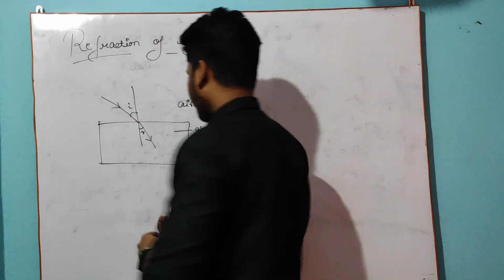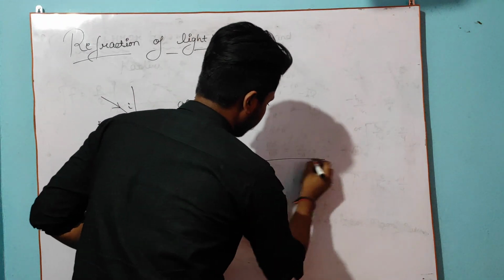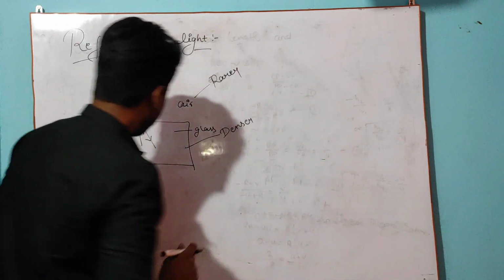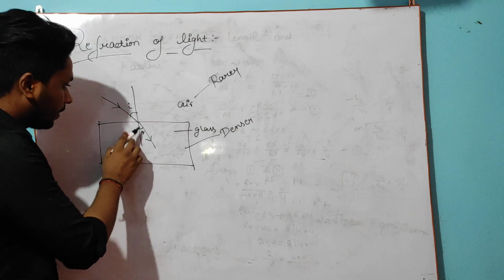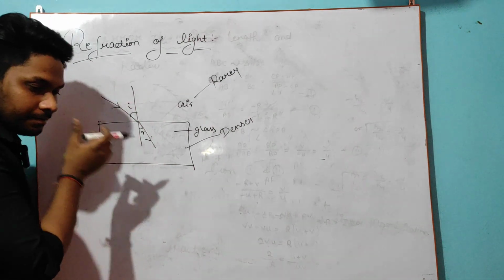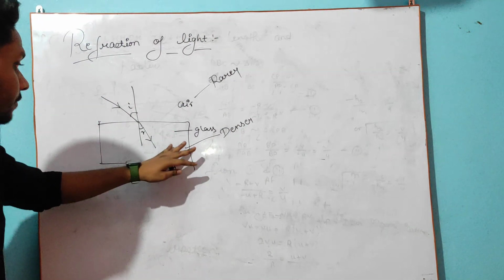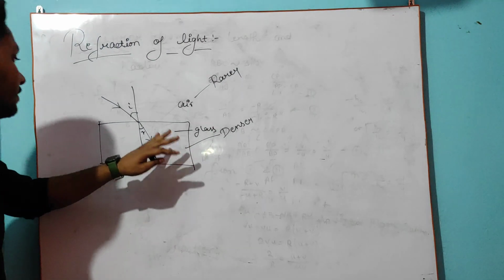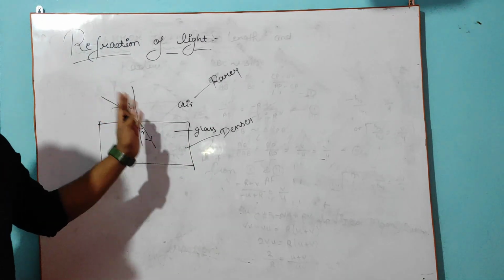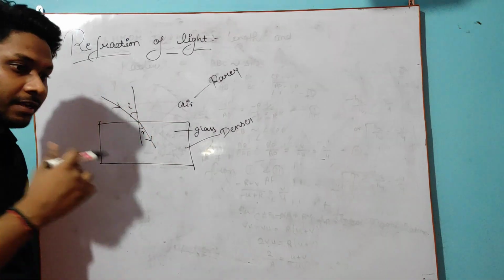Now, as light enters this medium, the density of particles is very high, due to which the particles in this medium oppose the speed of light. Light has to cover the distance in the least time.